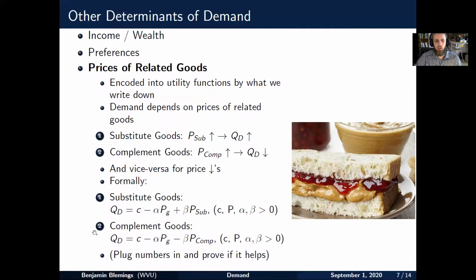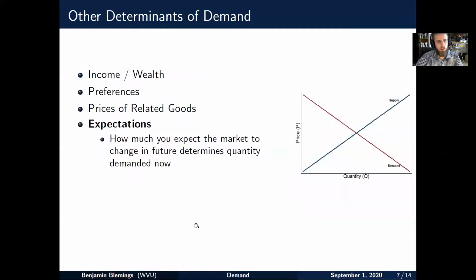And you can see that in this demand function for, call it jelly here, because if the price of jelly goes up, then you consume less jelly. And if the price of peanut butter goes up, then you also consume less jelly. Where the difference between these two is that substitutes and complements affect the quantity demanded of a specific good differently. And you can plug in numbers and prove it for yourself if you like.